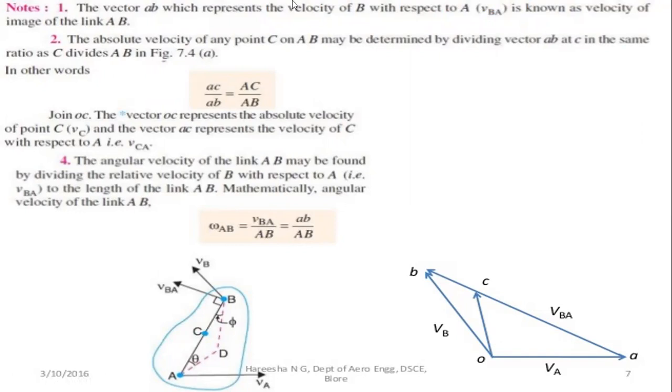First, the vector AB, which represents the velocity of B with respect to A, is known as the velocity image of the link AB, and the absolute velocity of any point C on AB may be determined by dividing vector AB at C in the same ratio as C divides the line AB.